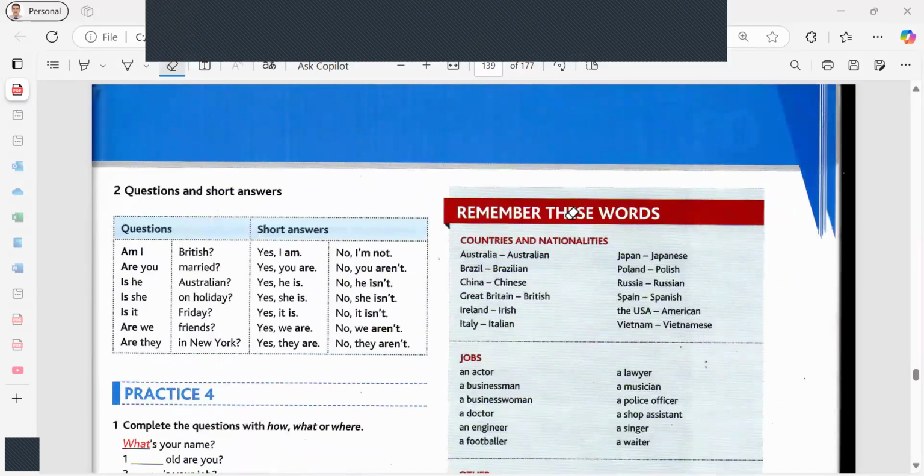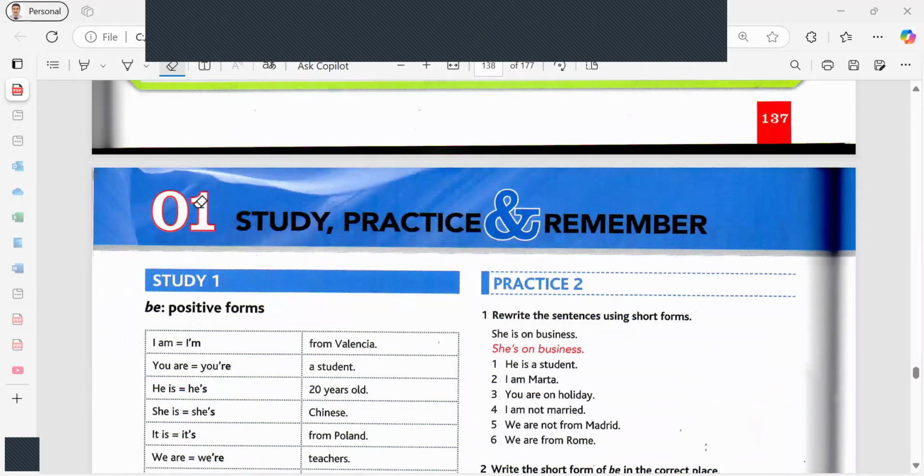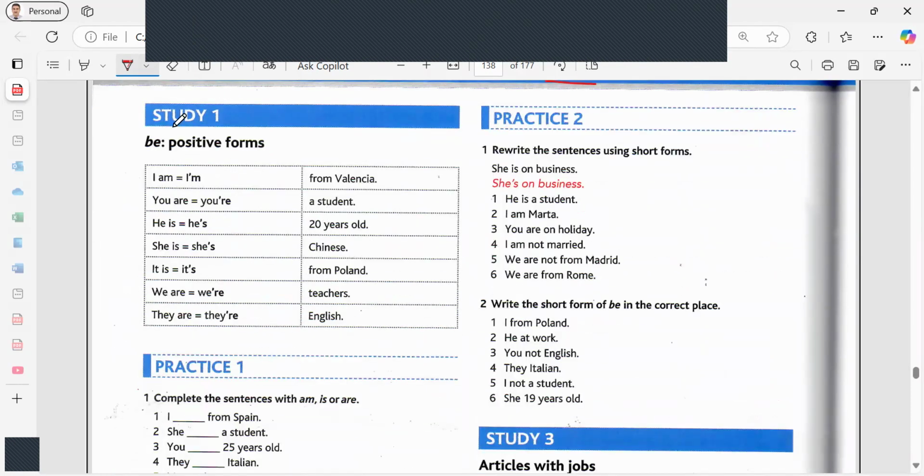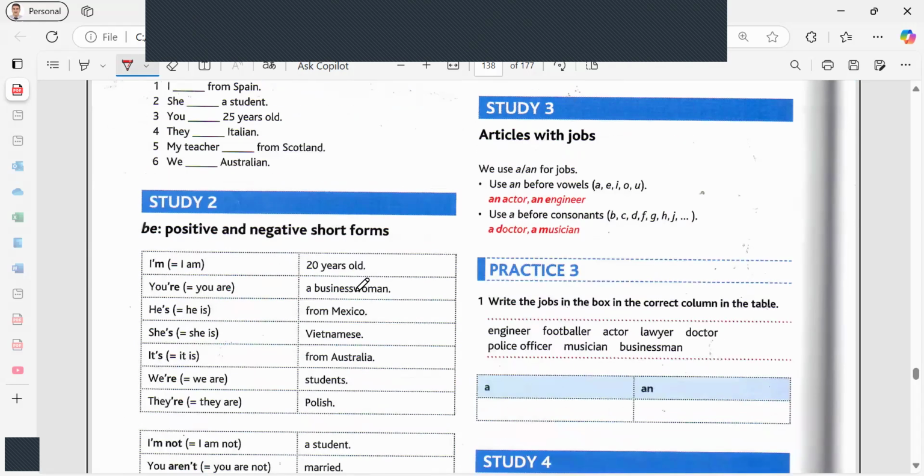Here, for example, is Unit 1. Here is practice and remember. Here is the explanation, study one and the practice one. Then study two, practice two. Here study three, and then practice three.